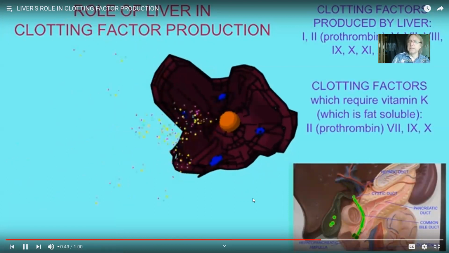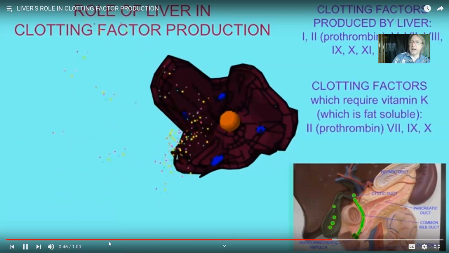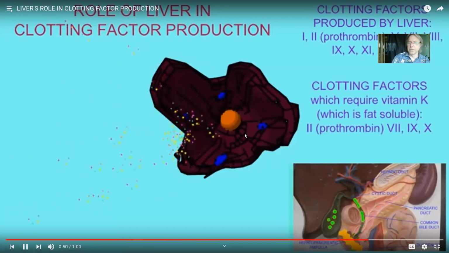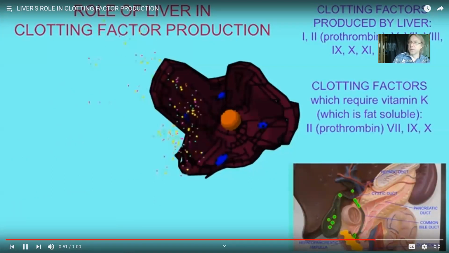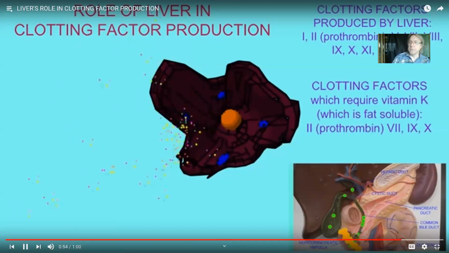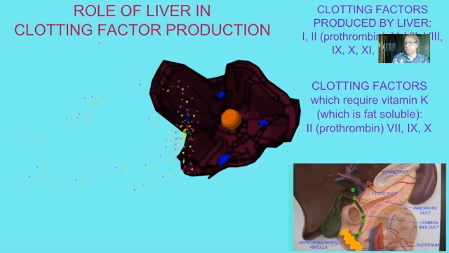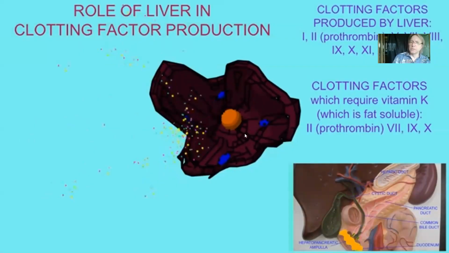And so the liver certainly has a role in the production of clotting factors. And embryologically, the liver is actually one of the places where blood can be made, including nucleated red blood cells. So we'll get to the liver later, but the liver certainly deserves more discussion than it probably gets.